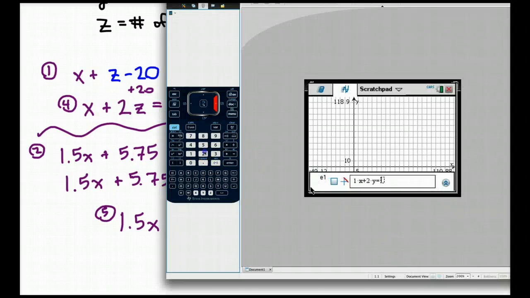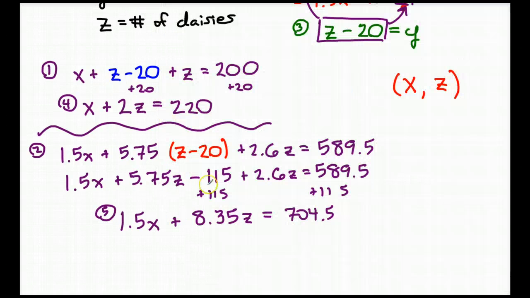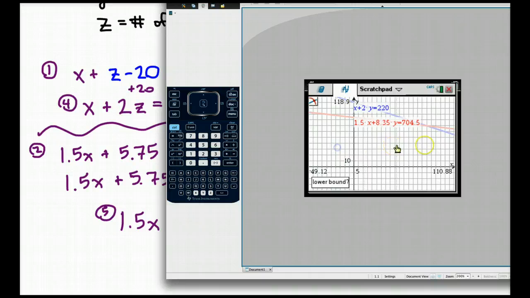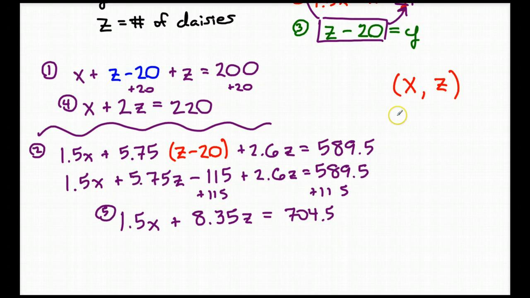And then my second equation is 1.5x plus 8.35z equals 704.5. Okay, so I graph that, and then my intersection point comes out to be 80, 70. So that tells me that x is equal to 80, z is equal to 70.